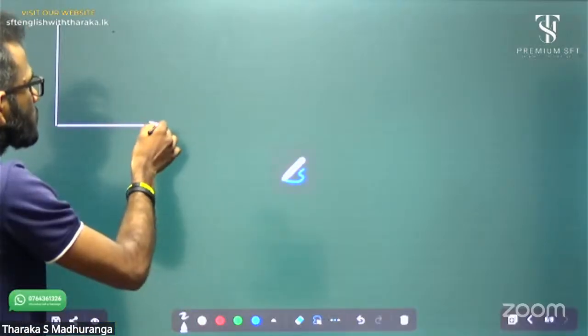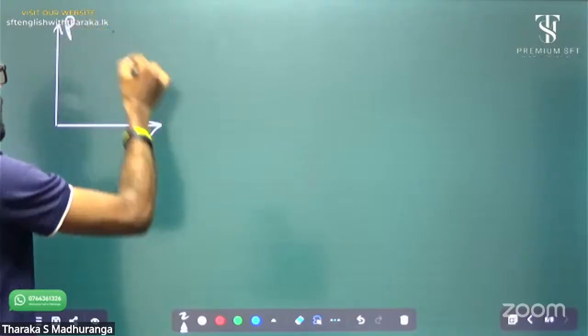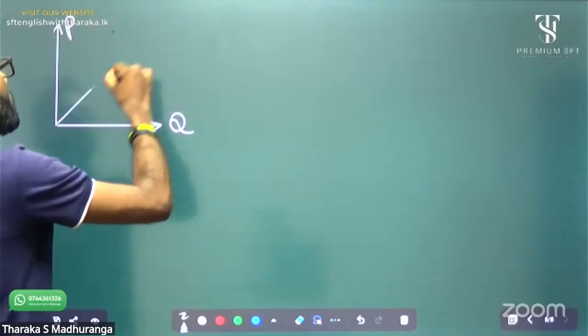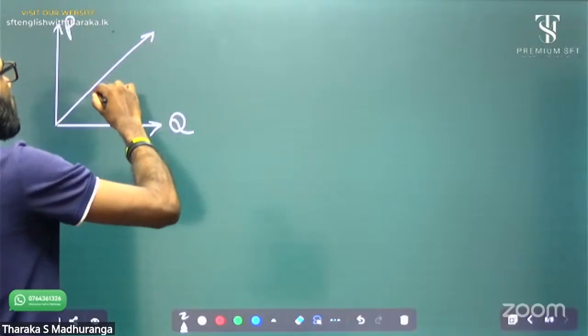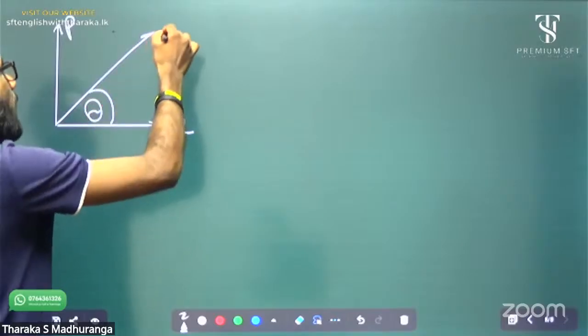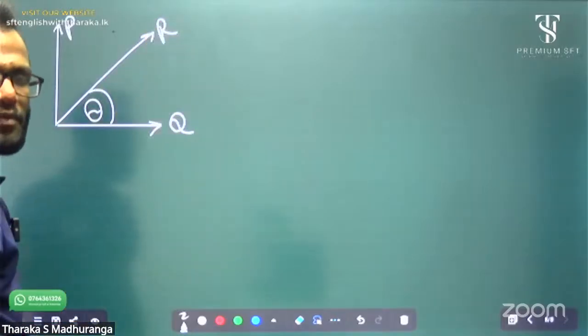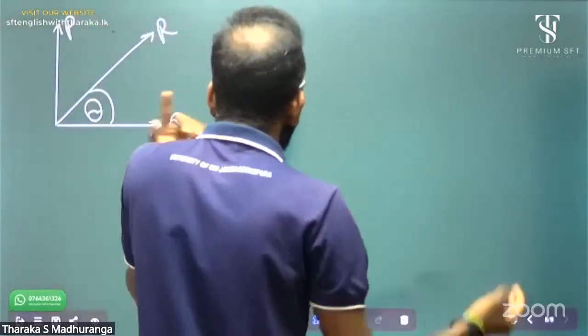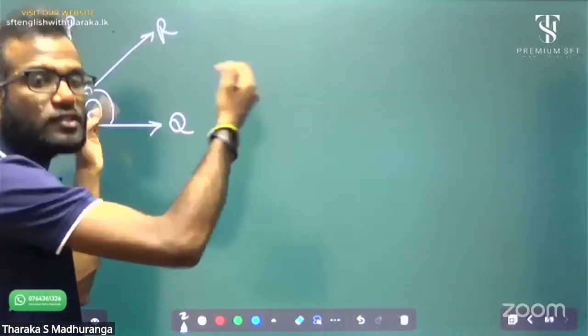This is P and this is Q. If you don't know this angle, this is R. We have an equation to find the angle, by which we get the direction of the resultant force.